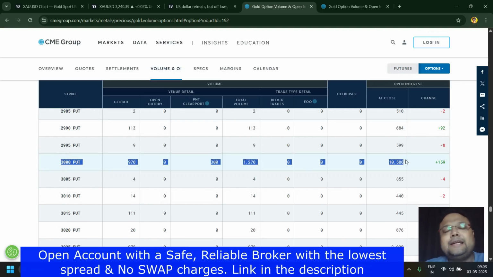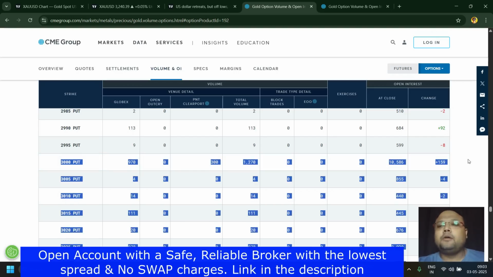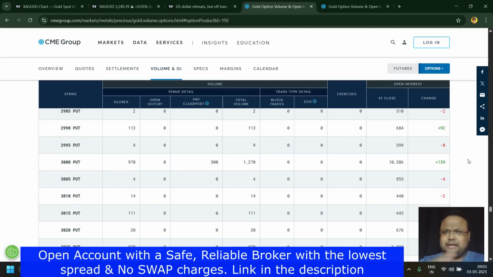You can see we have 10,000 contracts standing at the 3000 area. So in the month of May, chances are extremely high that market is not going below 3000, because charts may not show many things, but here we can clearly see that around the 3000 area, we have a big number of contracts standing at around this level.